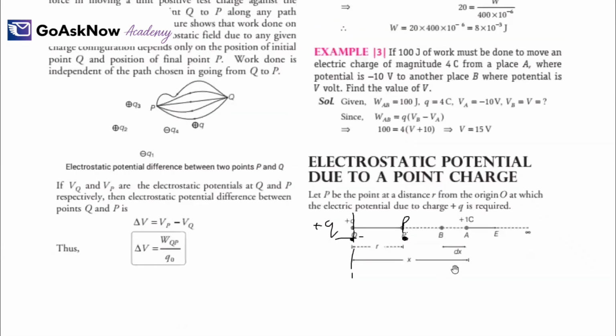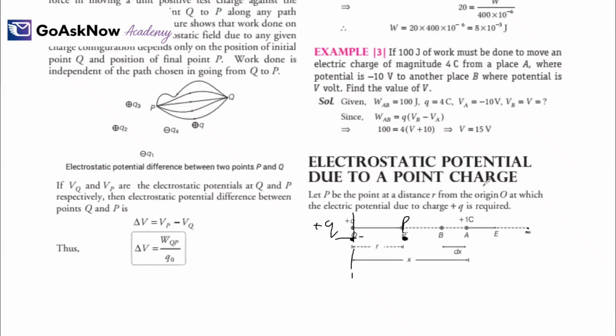So why have we chosen it like this? Why haven't we directly calculated the work done by moving the charge from infinity to point P? Why don't we just apply the formula? Because we don't have any expression for that.